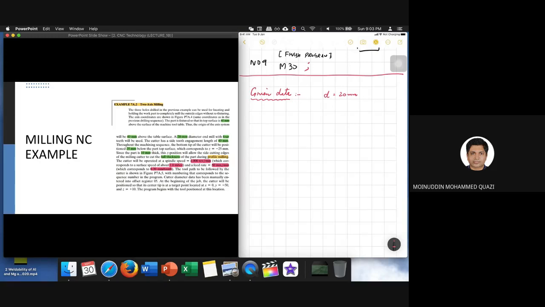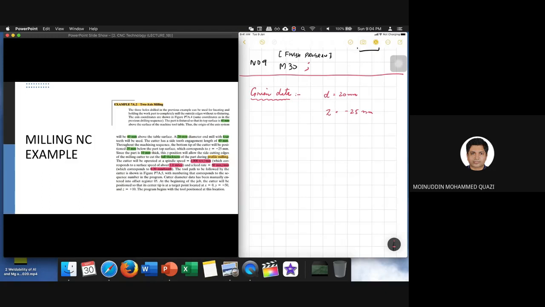The bottom tip of the cutter will be positioned 25 millimeter below the part top surface, which means Z should be equal to minus 25 millimeter.